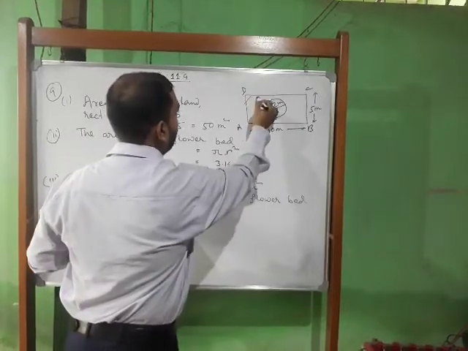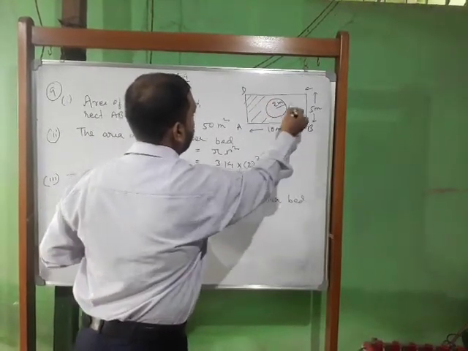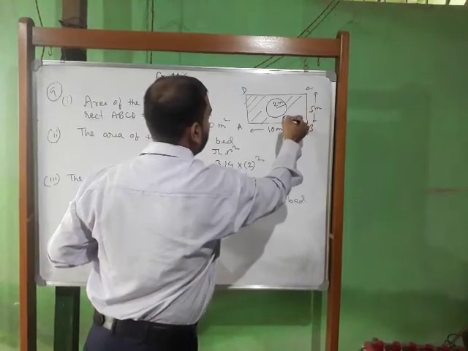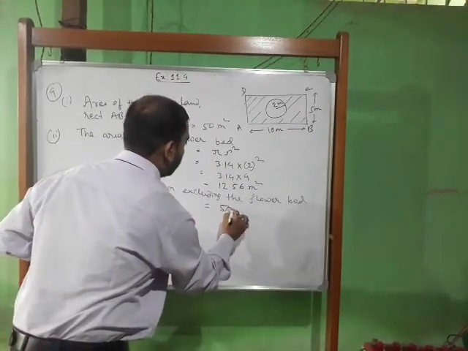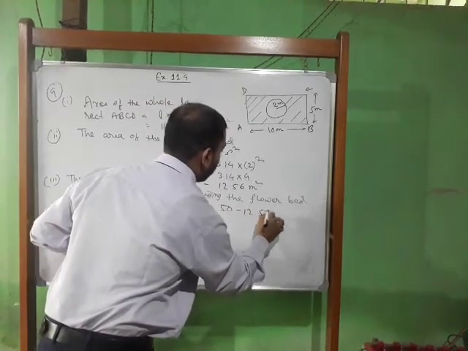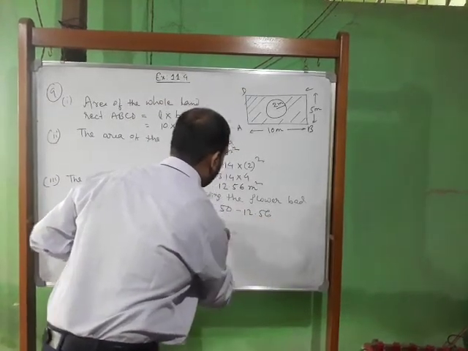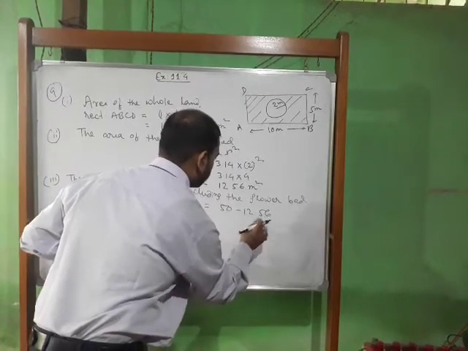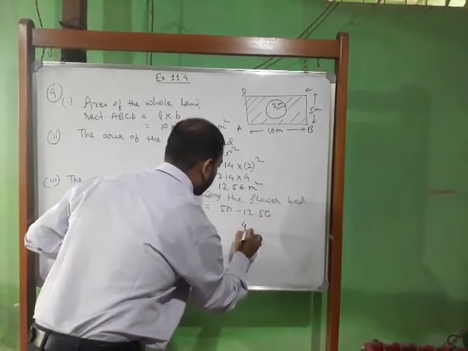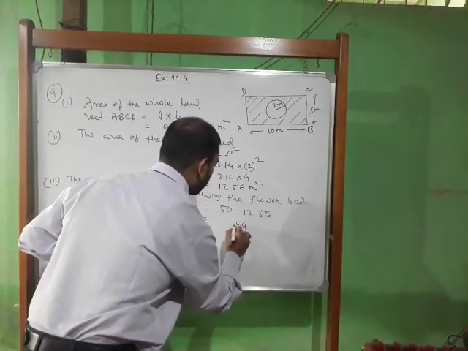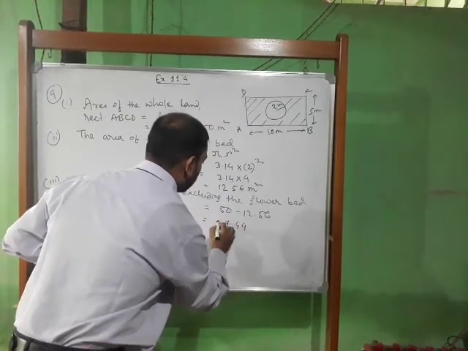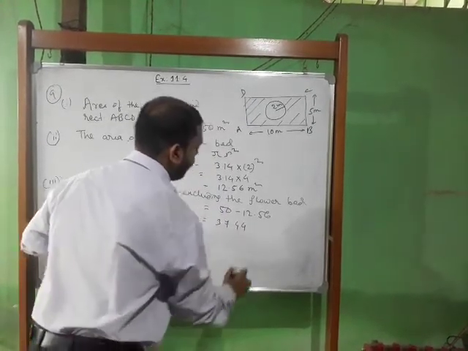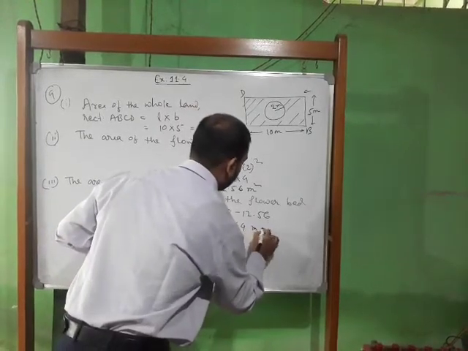So this is the portion, this shaded portion is the lawn excluding the flower bed. So it will be 50 minus 12.56, that is equal to 37.44 meter square.